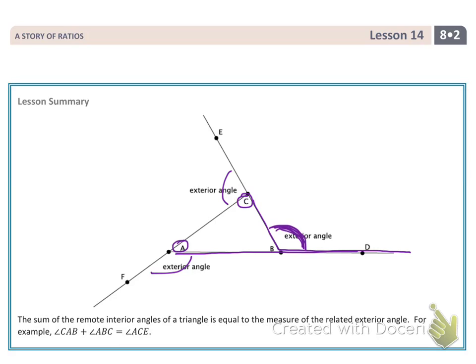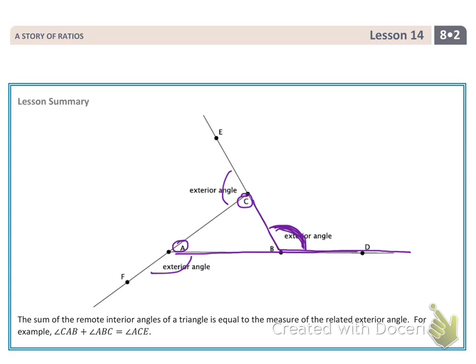So for this one, these two angles would be the remote interior angles. And then we saw that it's kind of a shortcut if we want to know the measure of the exterior angle. Instead of having to subtract from 180, we can just add the two remote interior angles, and they're going to add up to that exterior angle. So that was the big idea here.